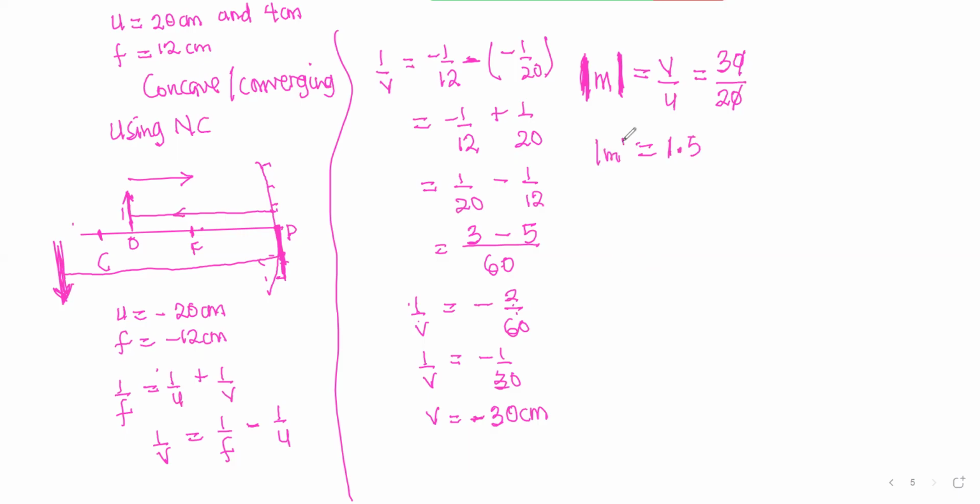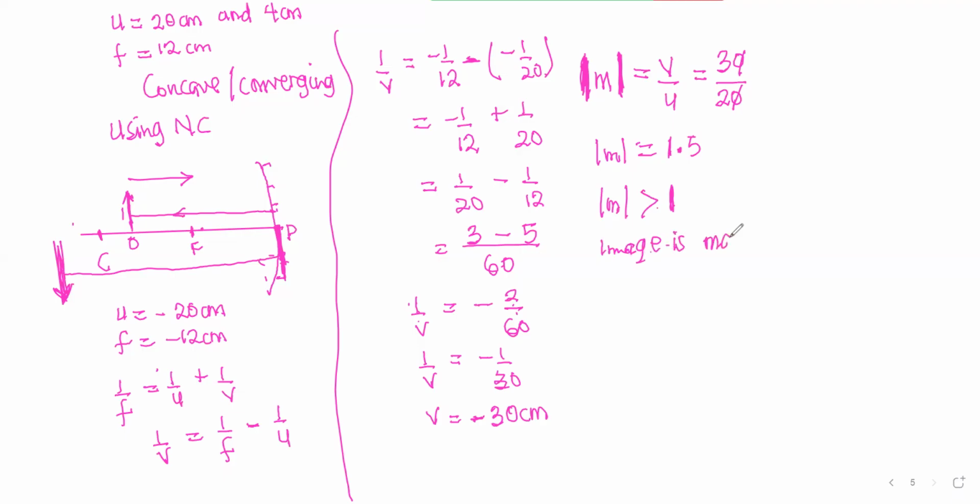Okay. Now we are seeing the magnitude of the linear magnification to be greater than 1. Once it's greater than 1, image is magnified. Very simple. Image is magnified.